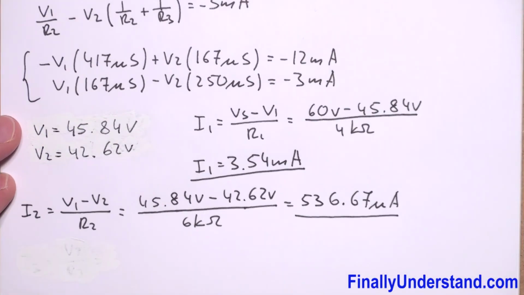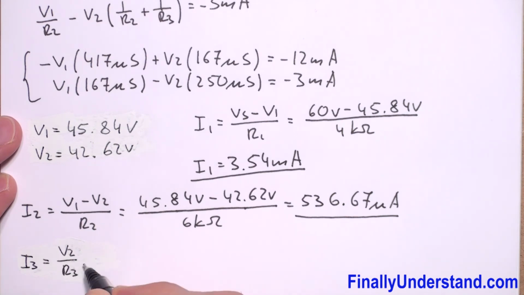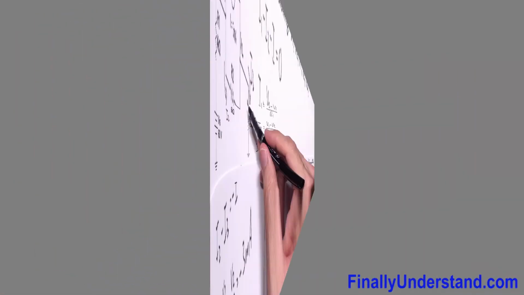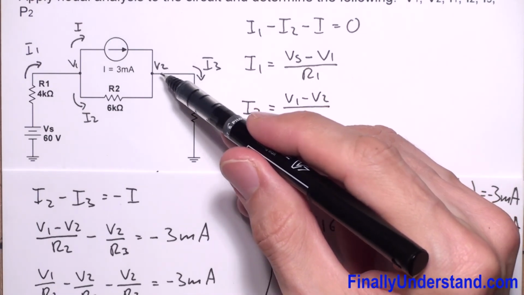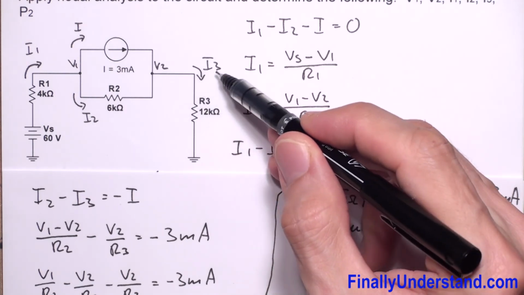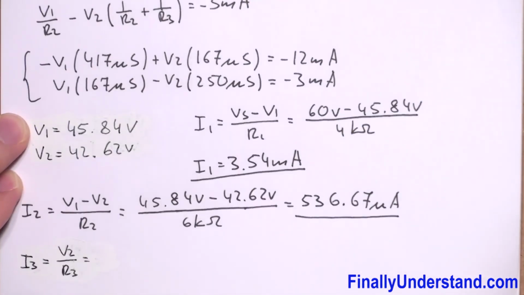Next we're supposed to find current I3. I3 is equal to V2 over R3. Let me repeat myself one more time. If you divide the voltage V2, which is the voltage across this resistor, by the resistance R3, you are going to obtain the current I3. So let's perform the calculations.